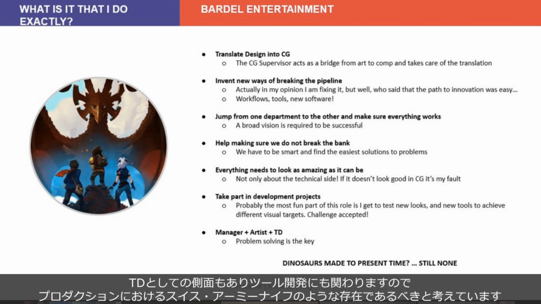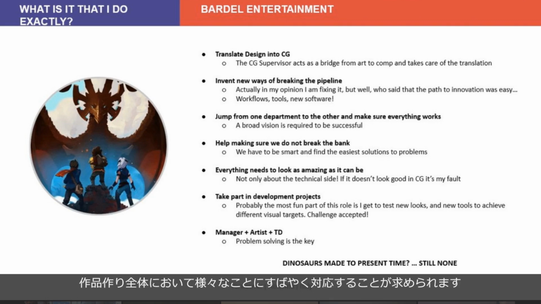And of course, the TD part, where sometimes we have to do some tools or scripts. So we're like little Swiss Army knives of production. That's what I think a CG supervisor needs to be. We go nimbly into every single department and phase of production.